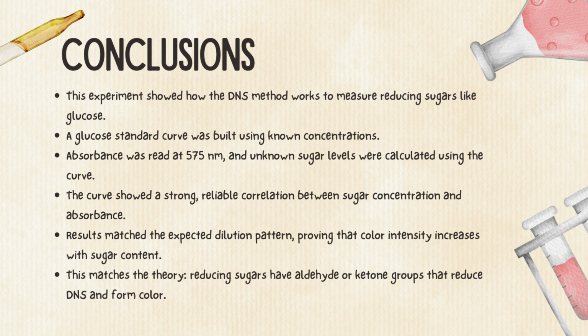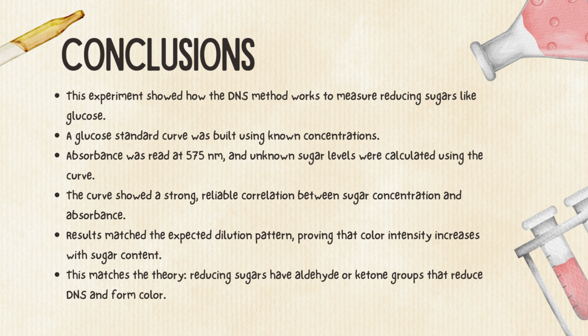For conclusion, this experiment shows how the DNS method works to measure reducing sugar like glucose. A glucose standard curve was built using known concentrations. Absorbance was read at 575 nm and the unknown sugar level was calculated using the curve.